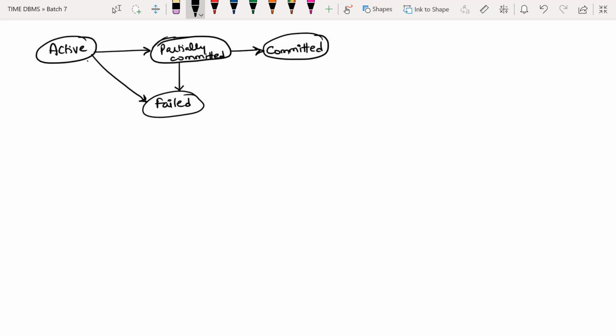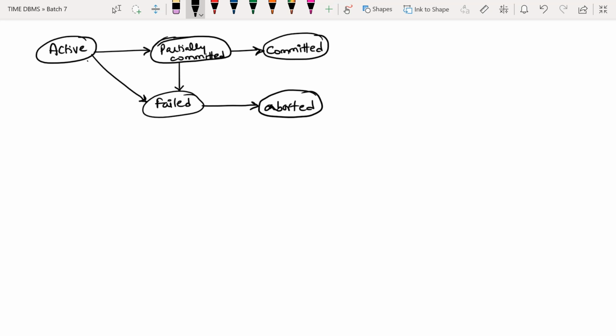If a failure occurs, the transaction has to recover from the failure. Once the transaction has recovered from the failure, that state is called the aborted state.